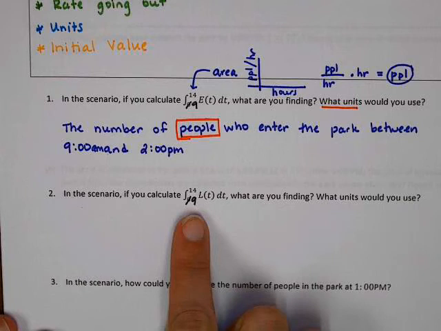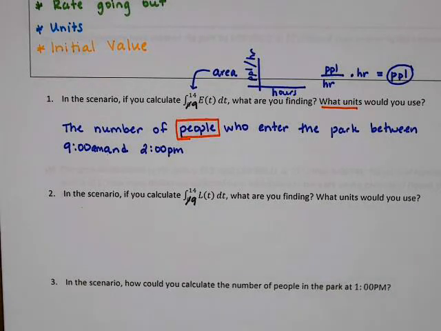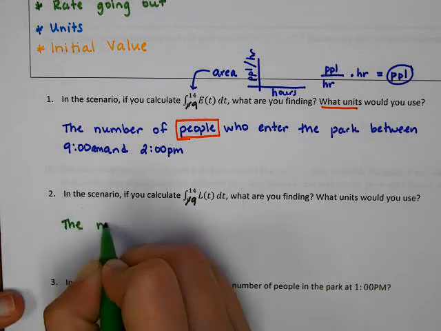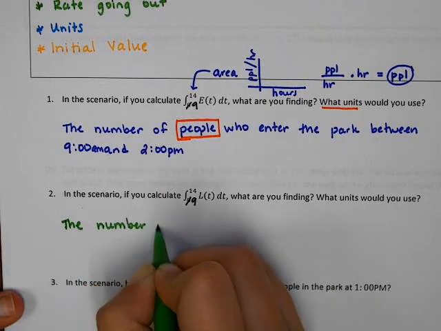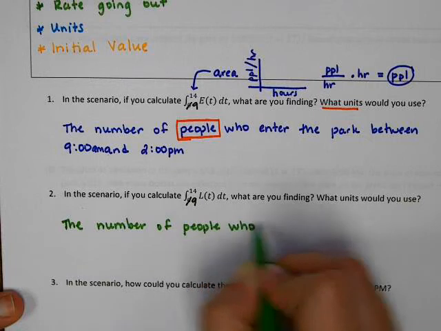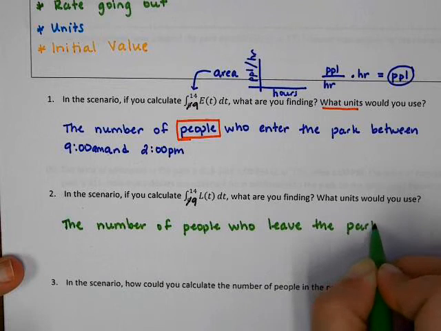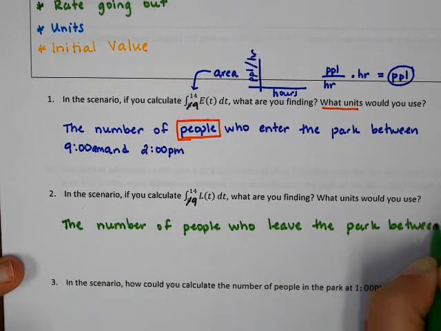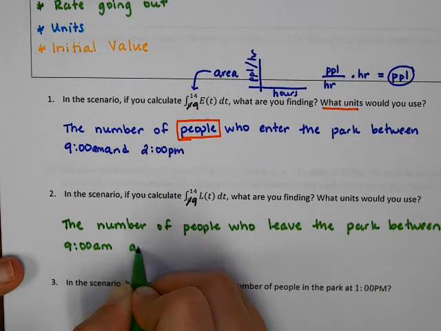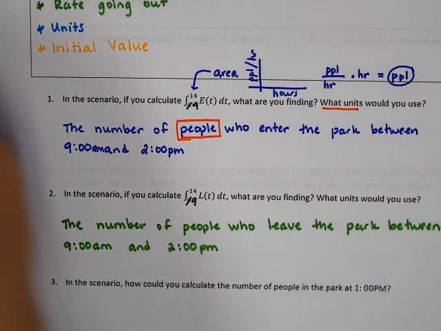Similarly, what if you were to integrate the L function? Now, L told me it was the rate at which people were leaving. So in this scenario, this would be the number of people who leave the park between 9 a.m. and 2 p.m. And what units would I use?